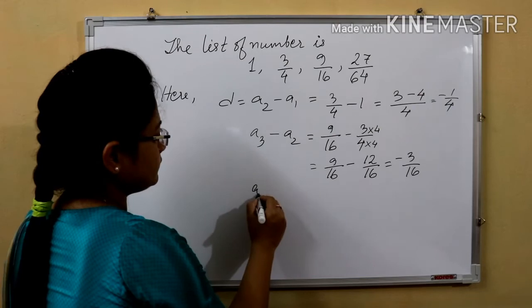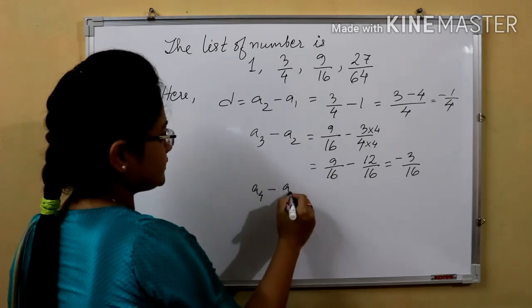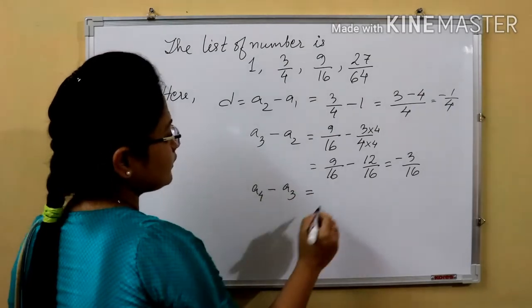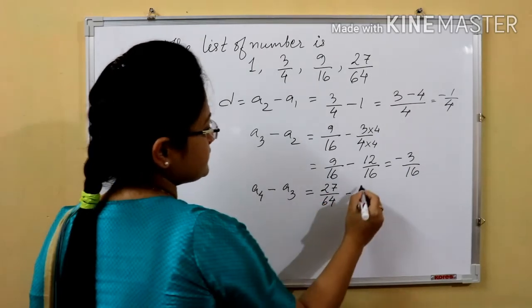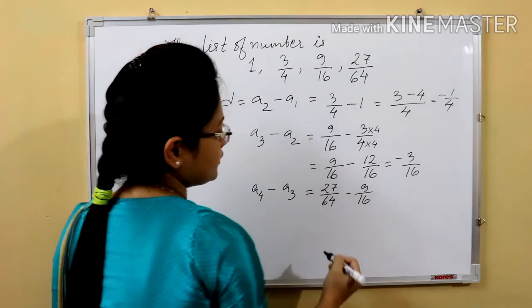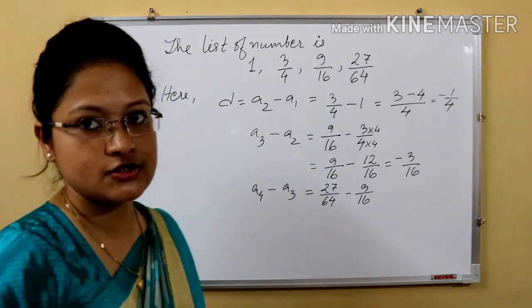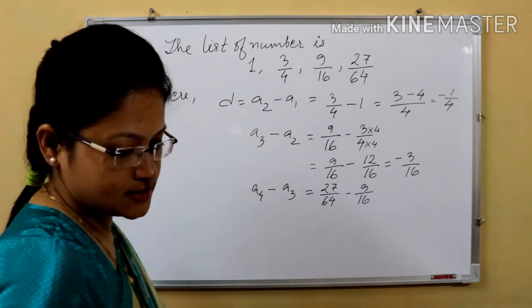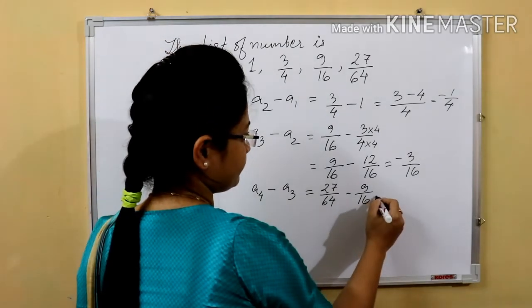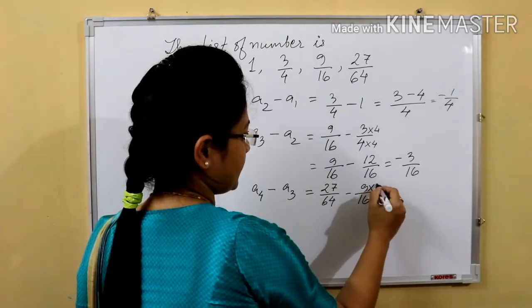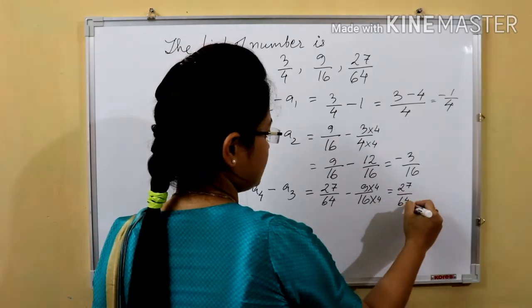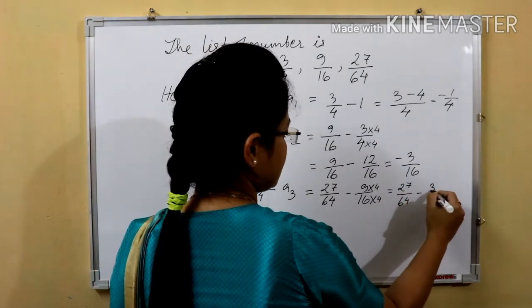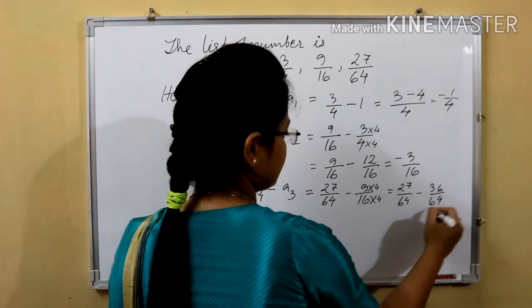Next A4, the fourth term minus the third term: 27 by 64 minus 9 by 16. In the same way, in the 16 multiplication table we get 64, that means 16 into 4 and 9 into 4. So 27 by 64 minus 36 by 64.